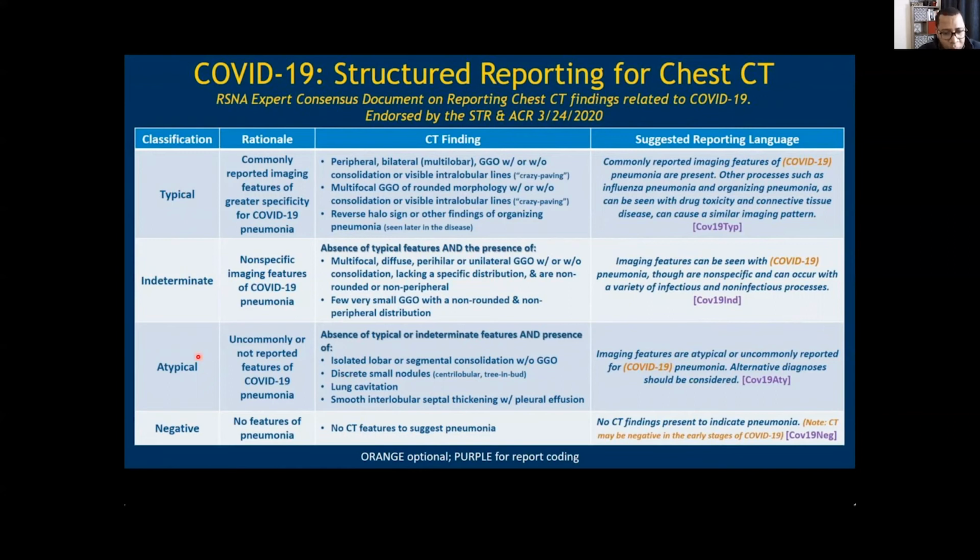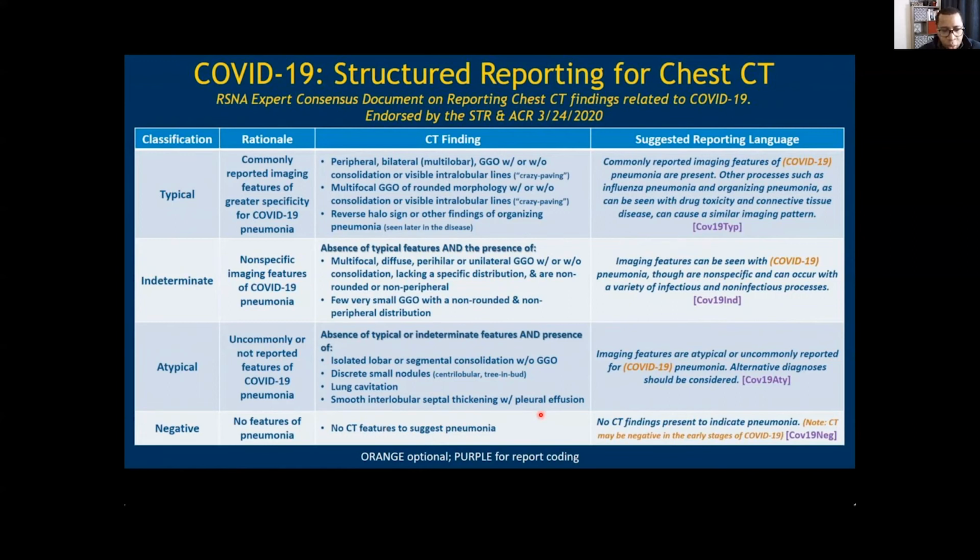And we have atypical, which we talked about. So these features are uncommonly or not reported features of COVID-19 pneumonia. So absence of typical or indeterminate features and presence of isolated lobar or segmental consolidation, right?